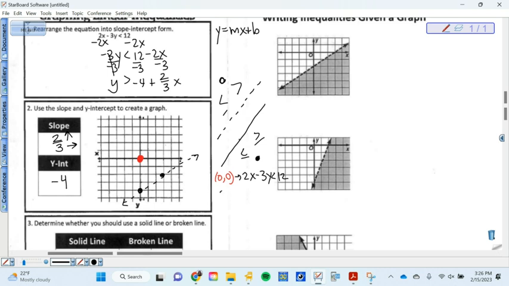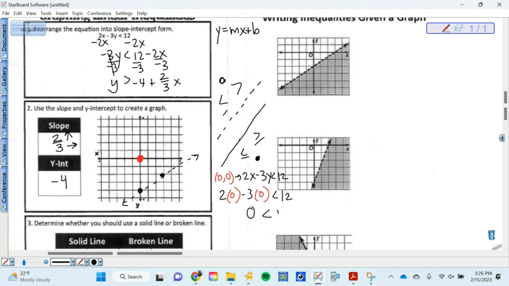So I end up with 2 times 0 minus 3 times 0. And what I'm doing is checking to see, is this going to make my inequality true or false? So when I plug that in, 2 times 0 is 0, 3 times 0 is 0, 0 minus 0 is 0.